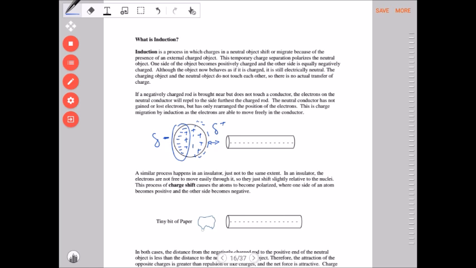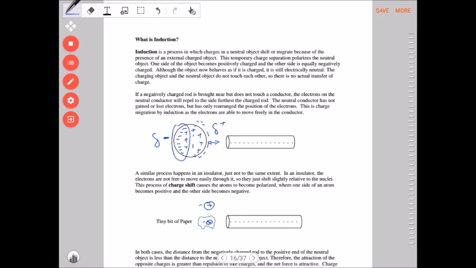So even on an insulator, like a tiny bit of paper, what ends up happening is, if you can picture an atom, okay, the nucleus is positive, but all the electrons in that atom kind of shift to the other side. So even though we don't get all the negatives over here, like we would in a conductor, we get all the atoms lining up.